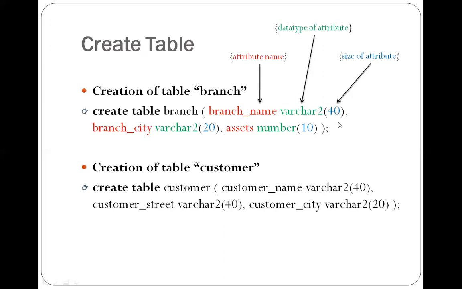What is the size? That means for branch name we can store maximum 40 characters, for branch city we can store maximum 20 characters, and for asset we can store maximum 10 digits, because this is a number type.